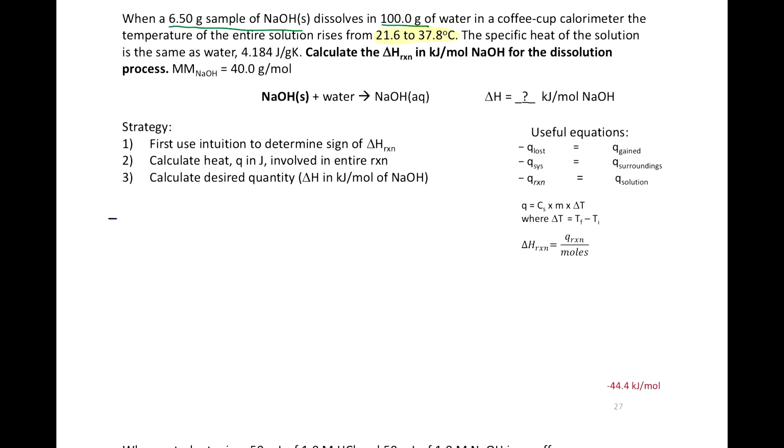Think about what happens. We throw the salt into water to dissolve it. The solution heats up. Is this an exothermic process or an endothermic process? What do we think? Exo. So delta H is what sign? Negative. So keep that in the back of your mind, because you're going to do all these calculations, and you better make sure that the delta H that you calculate at the end is negative, so it matches our observations. So yes, this process is exothermic because the solution gets hot. We should expect delta H to be negative. So let's make sure it is at the end.